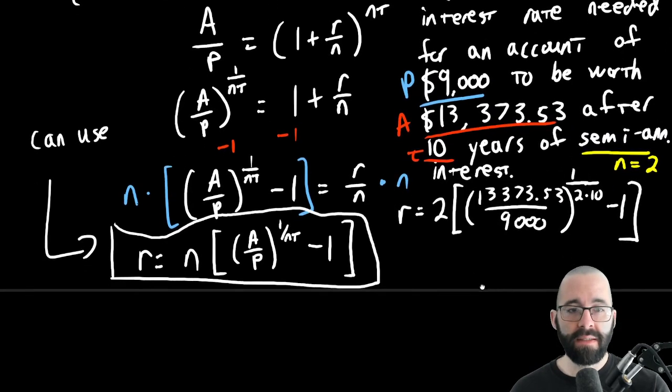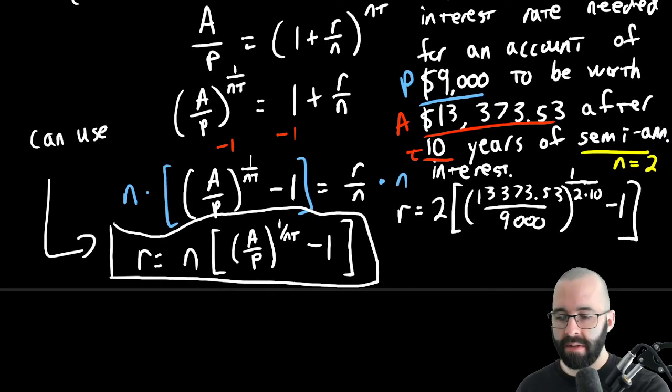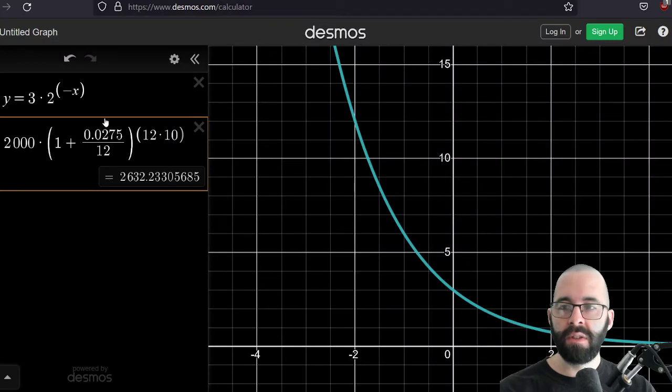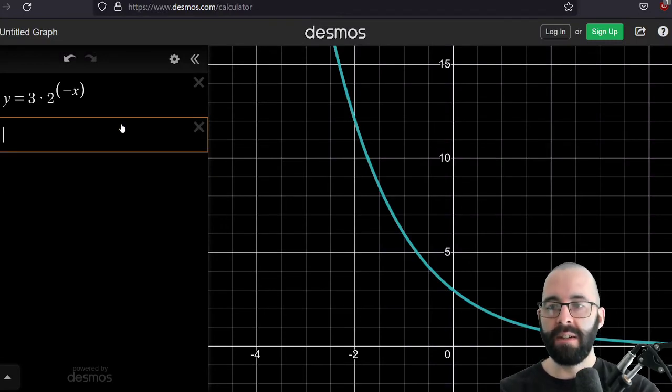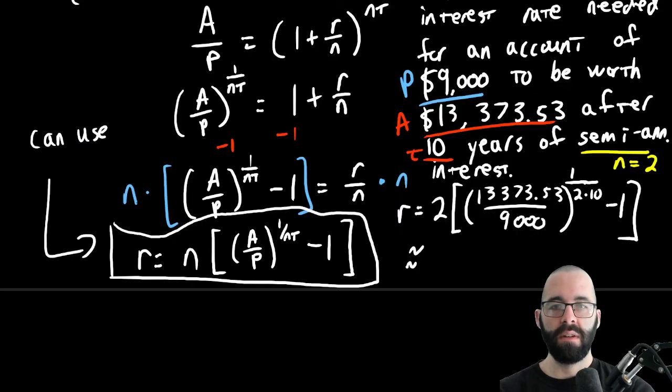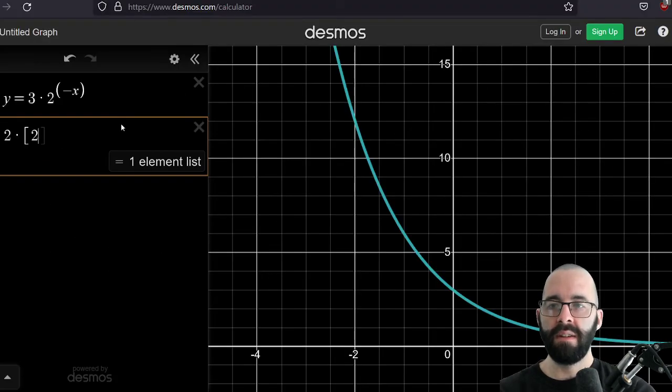And again, it's pretty messy, but you can type it into a calculator, just like so. Desmos is really useful for this, because you can just type it in almost exactly like you see. You have 2 times. Can you use brackets here in Desmos?